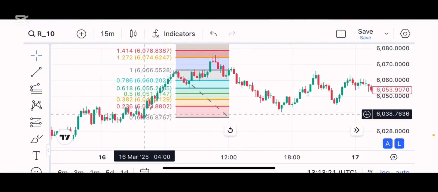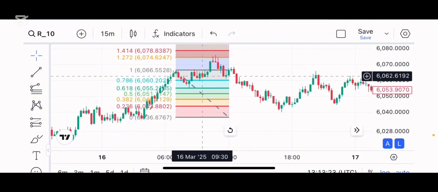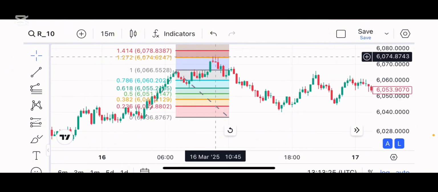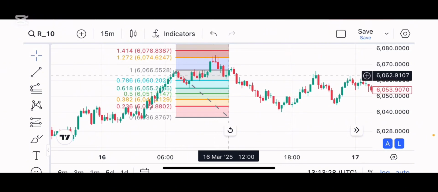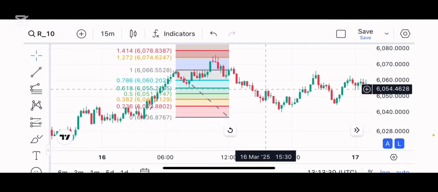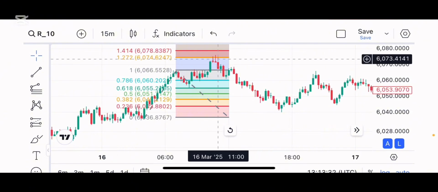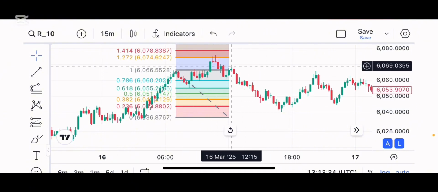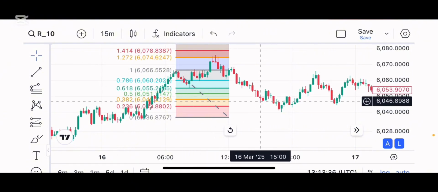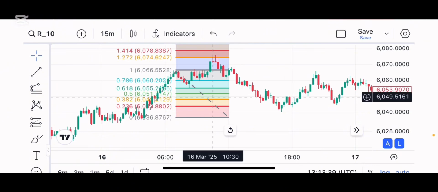Remember, when this happened and this one happened, the next thing we'll be waiting for is for the price to drop down. When the price begins to drop down, at this leg we'll find out if it can touch the 78.6 Fibonacci retracement.